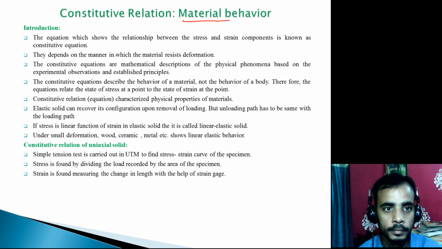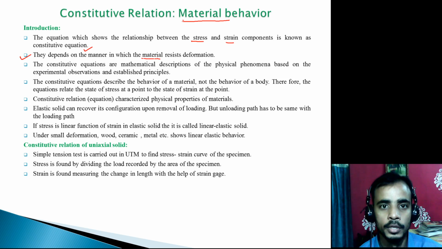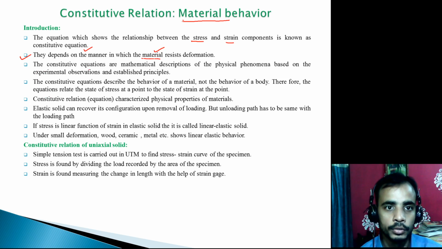Okay, material behavior. Now the equation which shows the relationship between stress and strain components is known as the constitutive equation. That depends on the manner in which the material resists deformation. So for different materials the relation would be different. Now the constitutive equations are mathematical descriptions of the physical phenomena based on experimental observations and established principles.